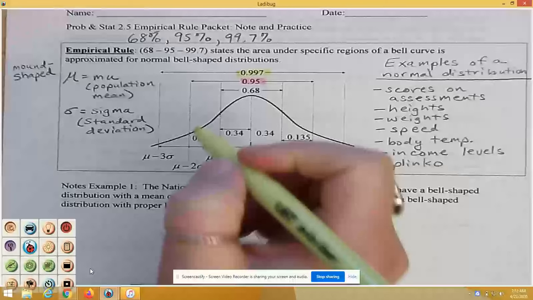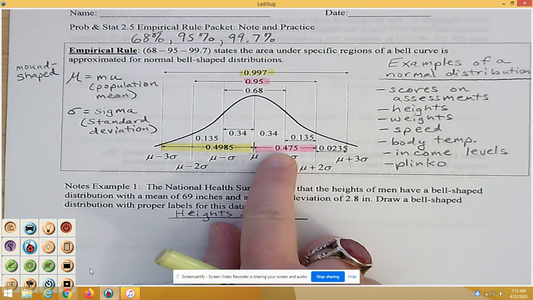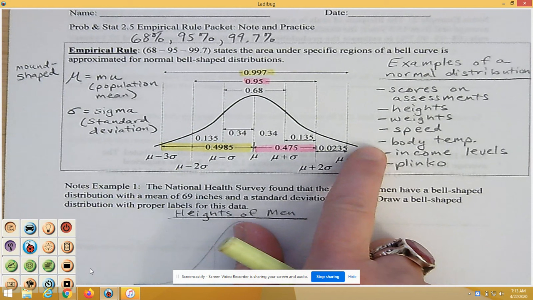So if you take the 0.4985 and subtract the 0.475, that extra little bit over here is very small. These two numbers together add up to the point. I think I might have said something wrong there. So if you look at the 0.5, and I'm going to go ahead and do this. So 0.5 minus 0.4985, you get this little tiny remainder out here.